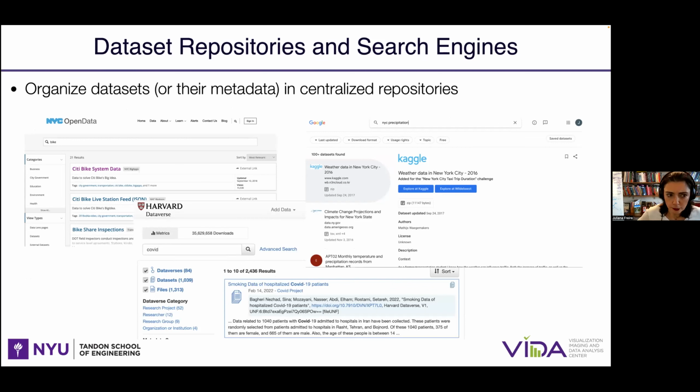And here there are three examples. One is NYC Open Data, which is a vertical that puts together all data sets that are released by New York City agencies. Here is the Harvard Dataverse that actually publishes data that are submitted along with papers in social sciences. And on the right here, we have Google Dataset Search, which actually piggybacks on the Google crawler to discover data sets that are published on the web.